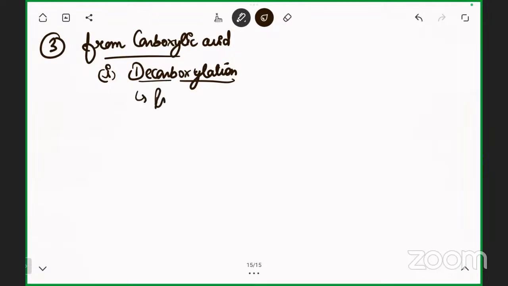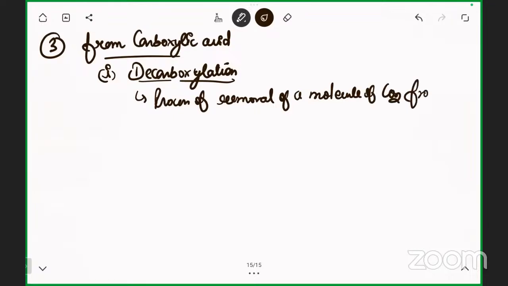See, this is the process of removal of a molecule of CO2 from an organic compound. When we heat the organic compound, generally the CO2 gets eliminated. That process is known as decarboxylation.